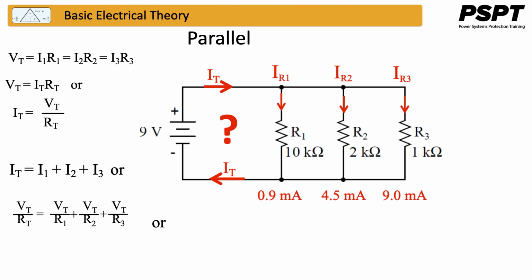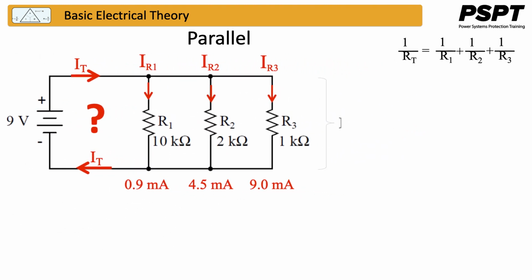Or, dividing both sides of the equation by VT, we get 1 over the total resistance, or RT, is equal to 1 over R1 plus 1 over R2 plus 1 over R3.